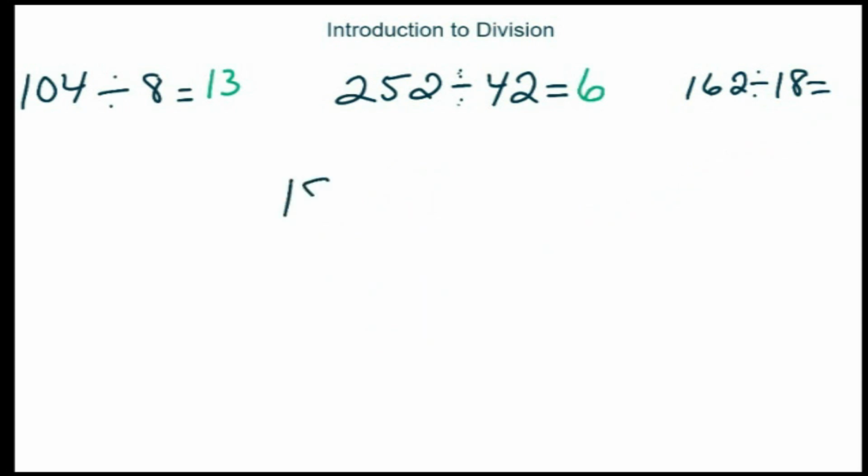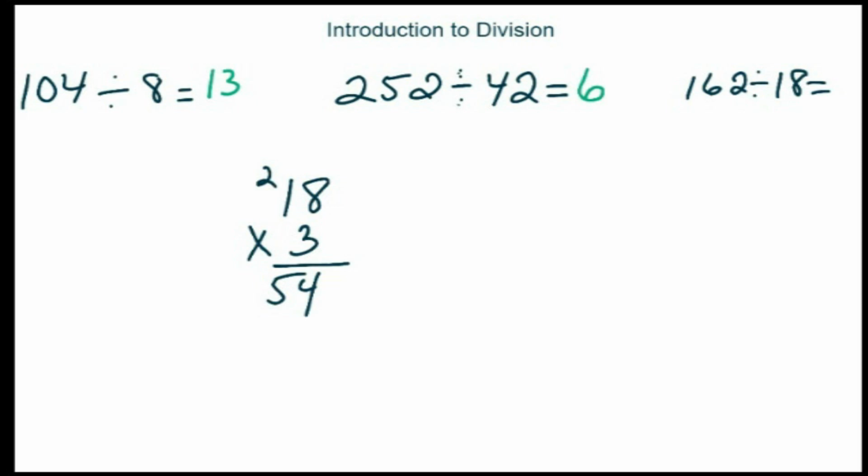If we were to multiply 18 by 3, 18 times 3 is only 54. So multiplying by 3 will not work. That number is too small.